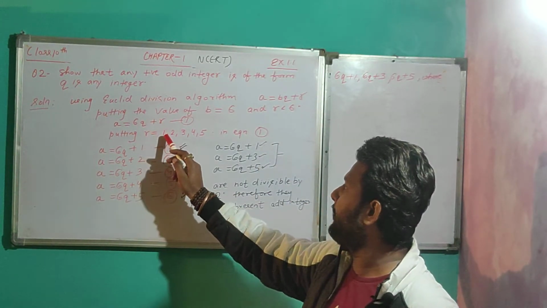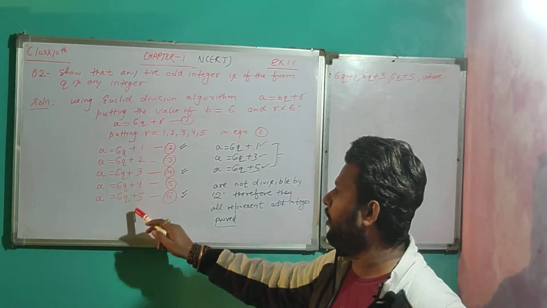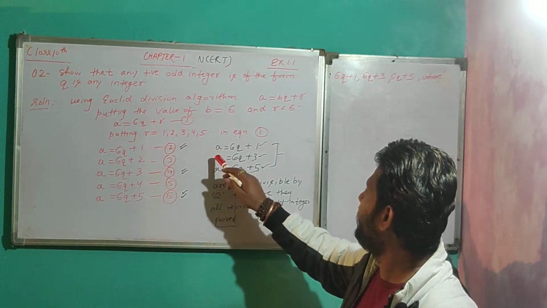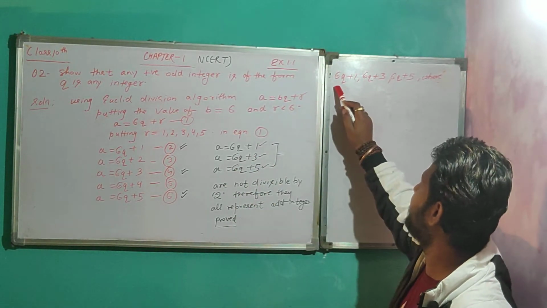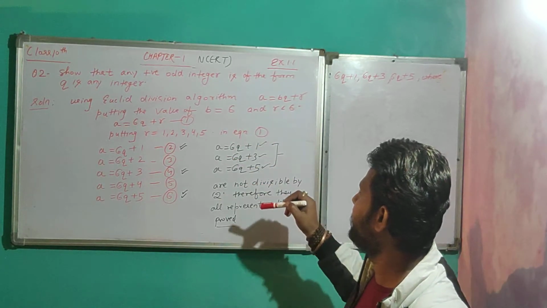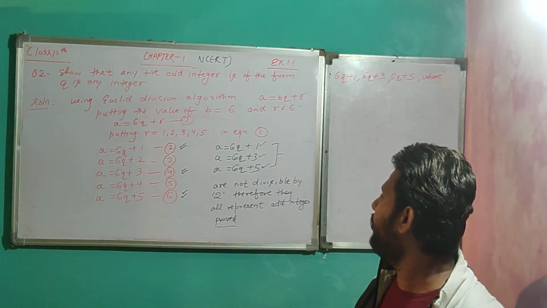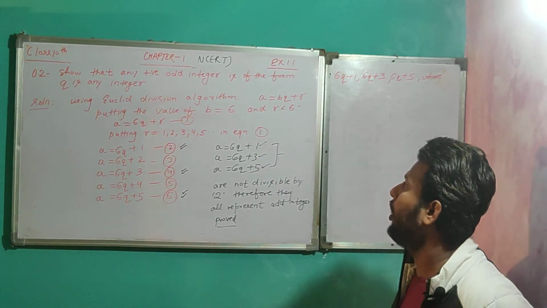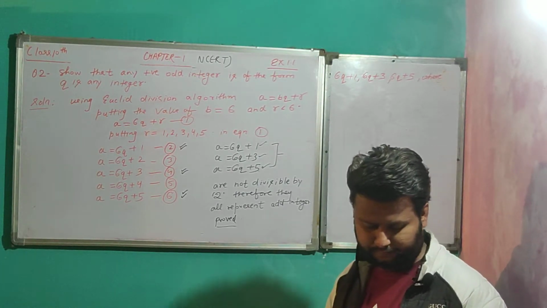Putting the value of r as 1, 2, 3, 4 and 5 in equation first, we get 6q plus 1, 6q plus 3, 6q plus 5 as given in the question. You can see the remainder in all these is 1, 3 and 5, which are not divisible by 2. Therefore, they all represent a positive odd integer. Okay, this is proved.